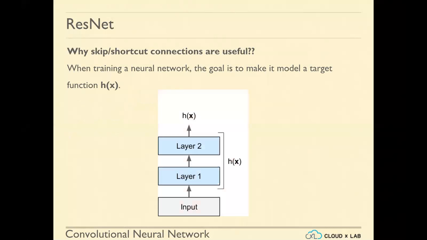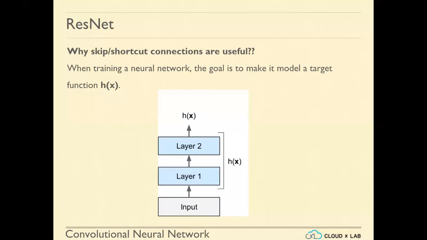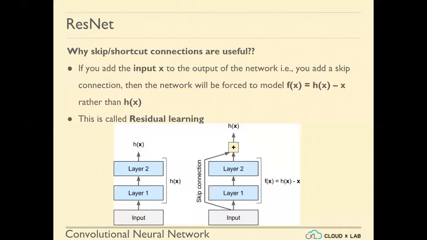Now, the ResNet basically skips some of the layers. Say for example, usually we have this kind of model, like we have input, layer 1, layer 2, and then output. These layer 1 and layer 2 can be summarized into H(x), called the output of the hidden layers. If you add the input x to the output of the network, that is, you add a skip connection.